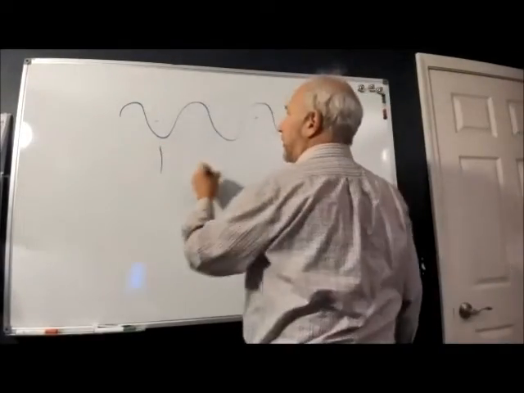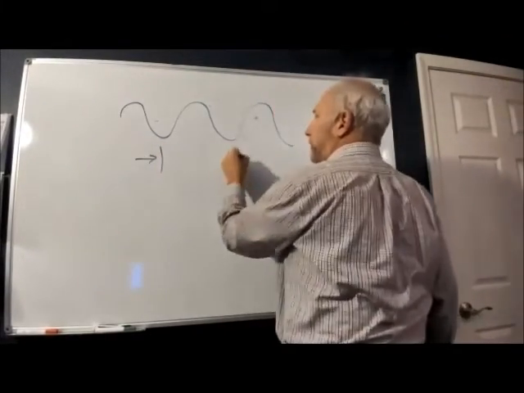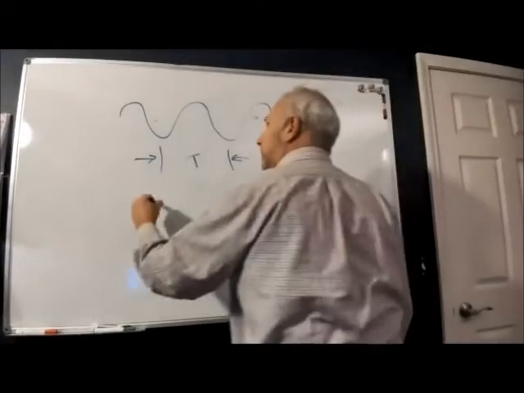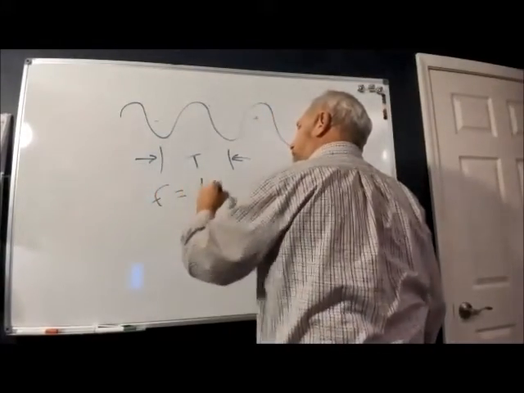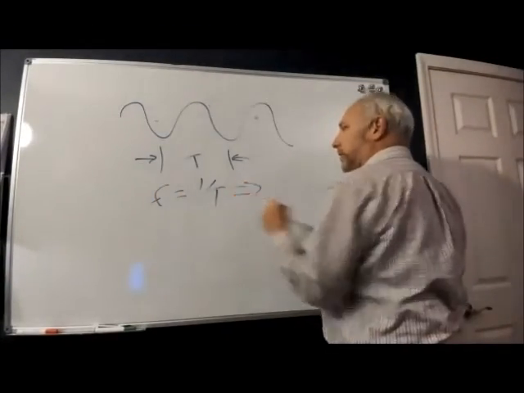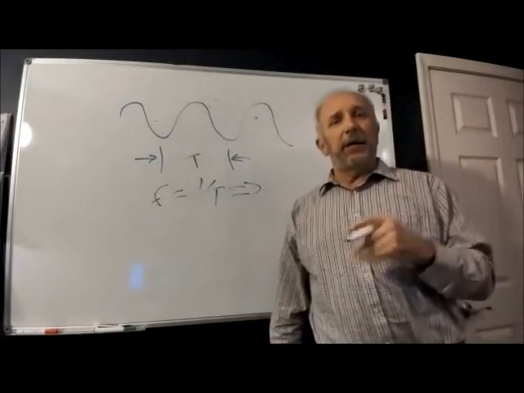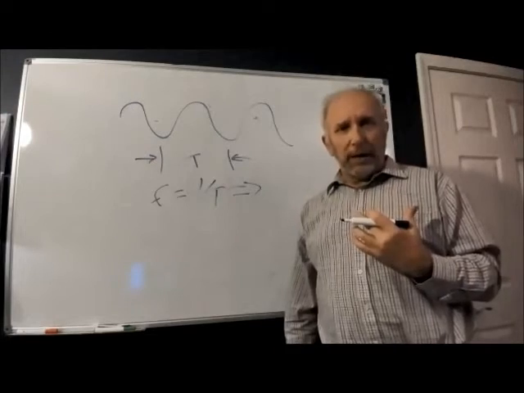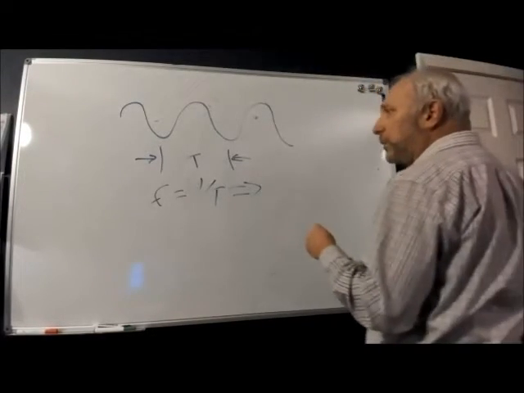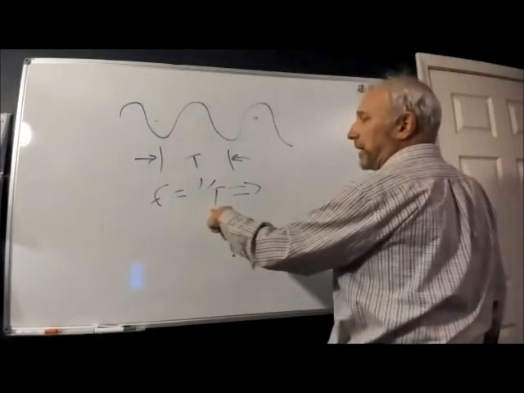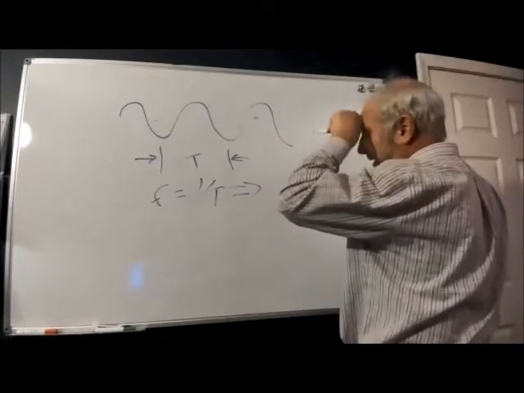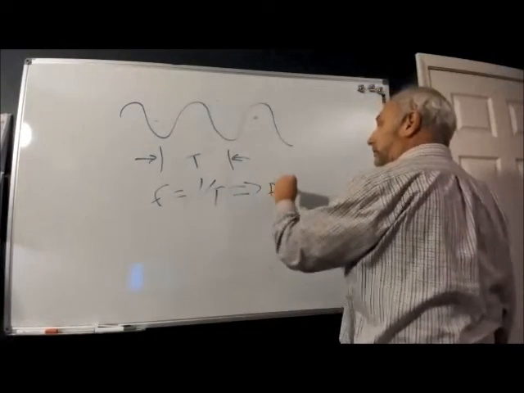We have some period T across here, and f is equal to 1 over T. So this becomes the frequency.